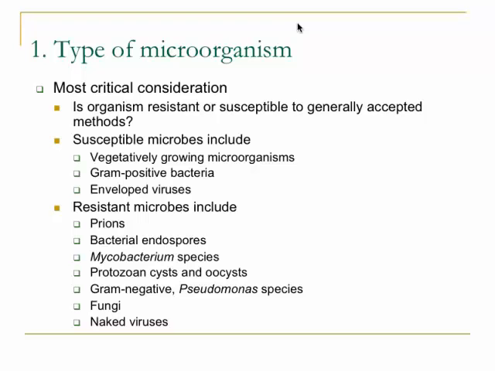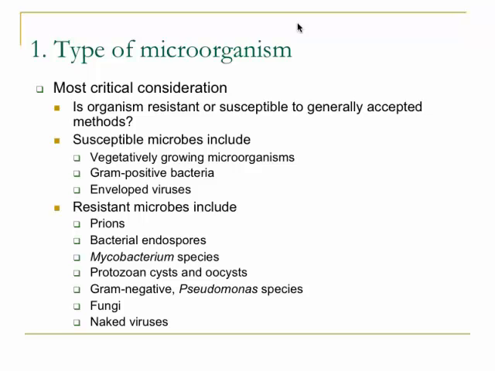Okay, so why is the type of microorganism so important? Well, this is because of features we already talked about, at least with bacteria, and we'll soon be talking about with other members of the microbial world. But remember, endospores are these very dormant, very resistant stages for bacteria.